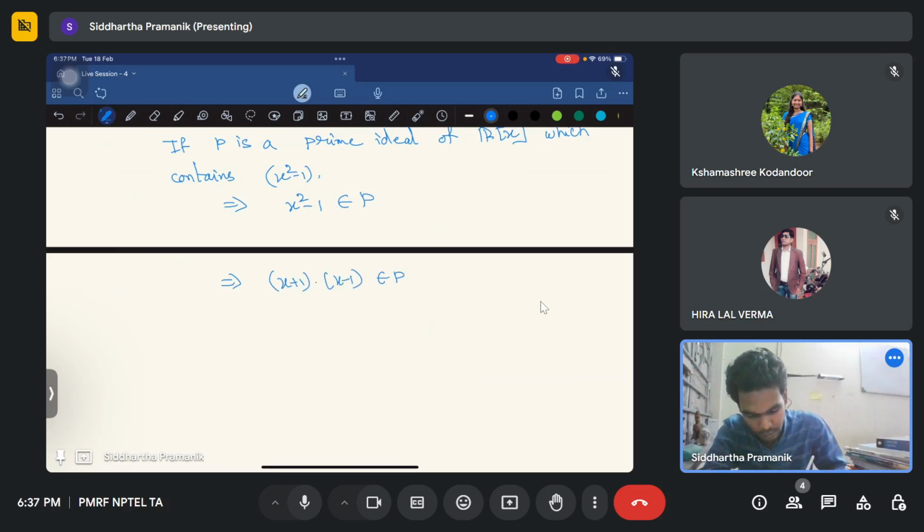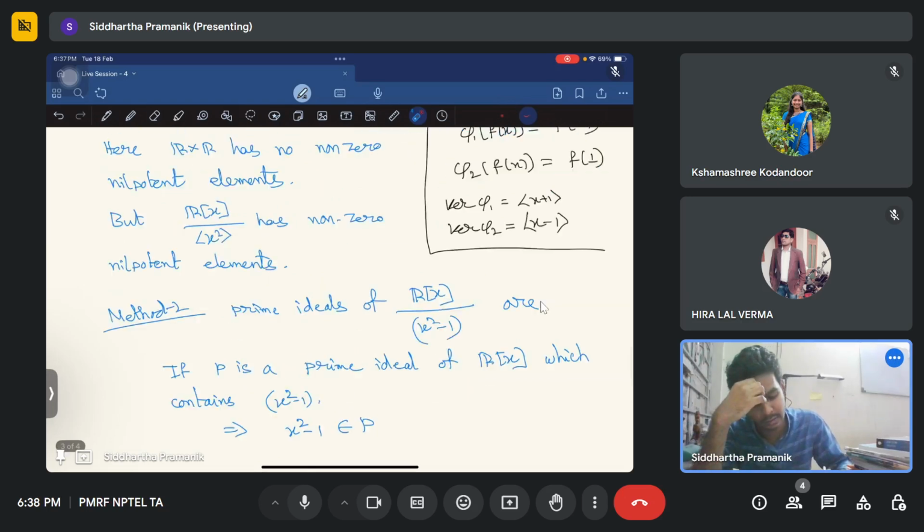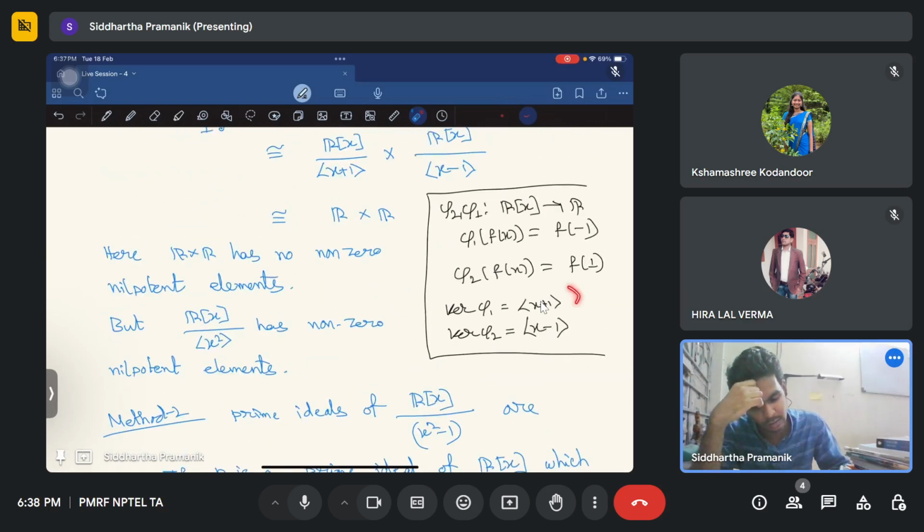But P is a prime ideal. So either x + 1 belongs to P or x - 1 belongs to P. Right? So this implies the ideal generated by x + 1 is a subset of P, or the ideal generated by x - 1 is a subset of P. But the ideal generated by x + 1 is maximal because of this homomorphism, because the quotient is isomorphic to R and R is a field.